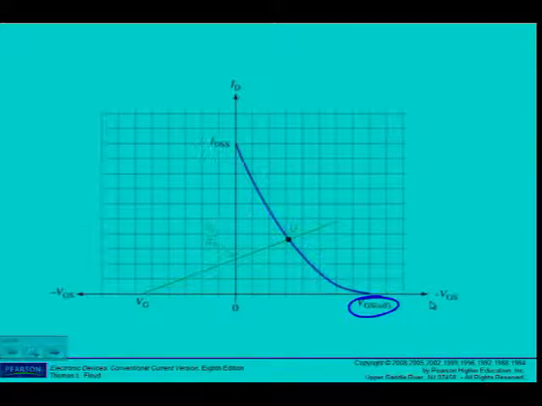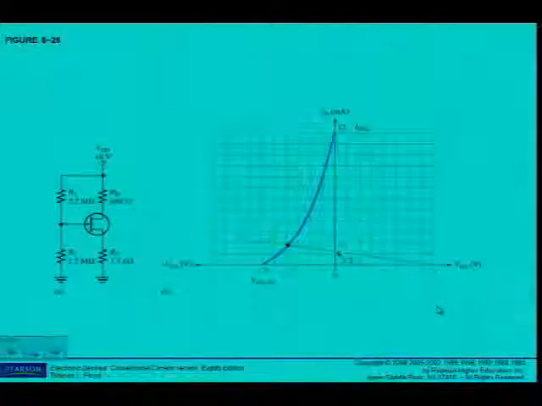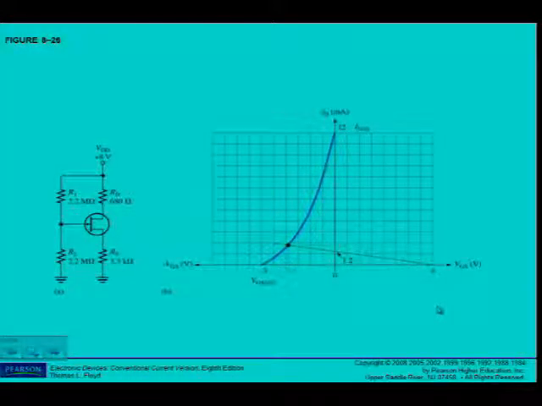So let's have a look at an example. Example 8.12. Determine the approximate Q point for the JFET with the voltage divider bias in figure 8.26A, given that this particular device has a transfer characteristic curve as shown.